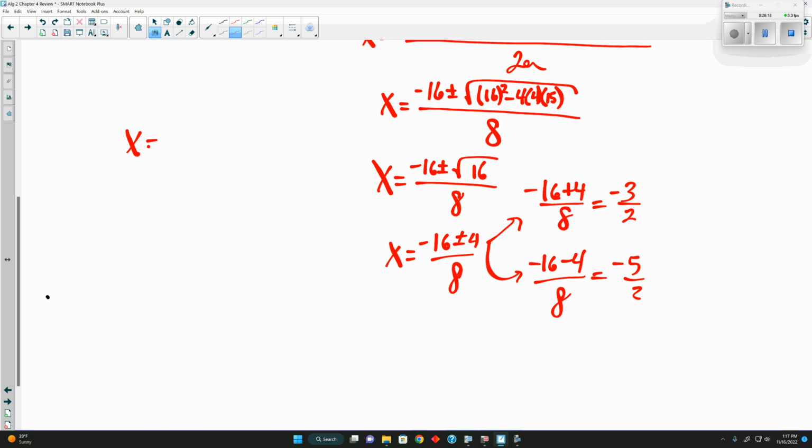So here x is equal to 4, negative 3/2, negative 5/2. And that's it.